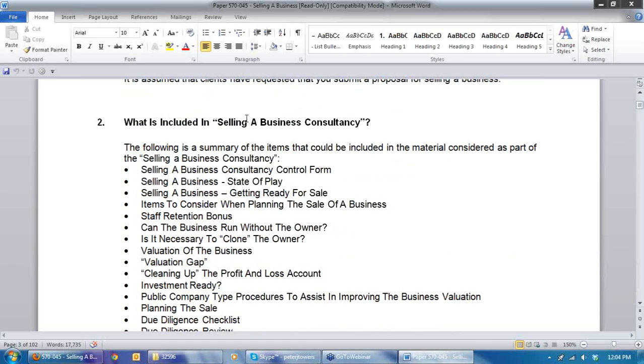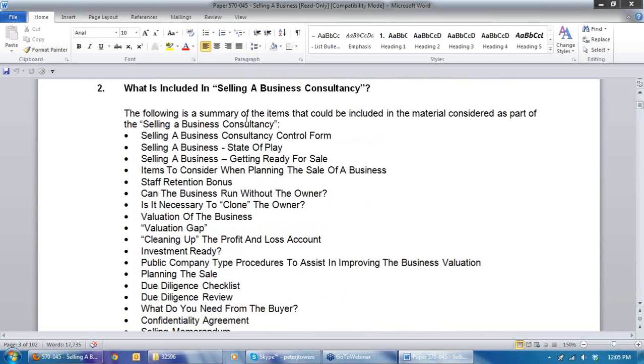So we then have a summary of what we believe are the key issues to be considered in selling a business. It's quite difficult to sell businesses at present. There are literally thousands of businesses that will be sold in the next decade as baby boomers start to exit or plan to exit their businesses.